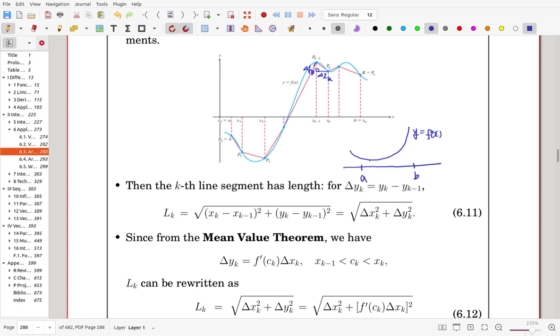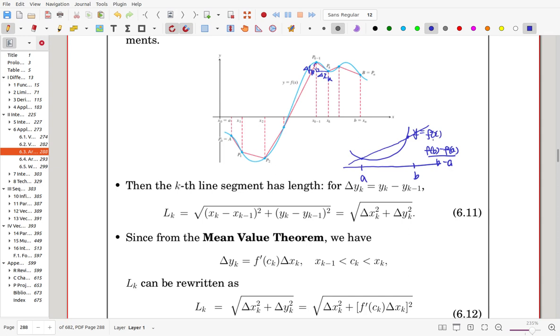we are considering the average slope. The average slope will be given in this way: f of b minus f of a divided by b minus a. That is the average slope. This average slope is the same as the derivative at some point.